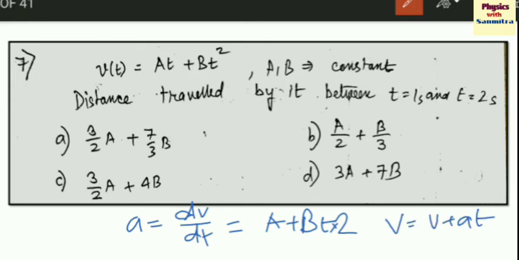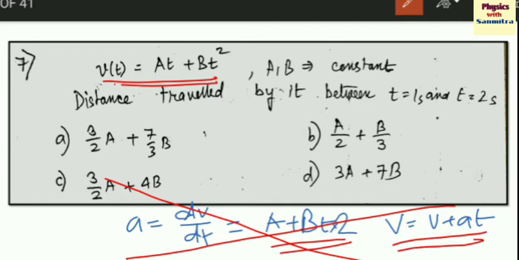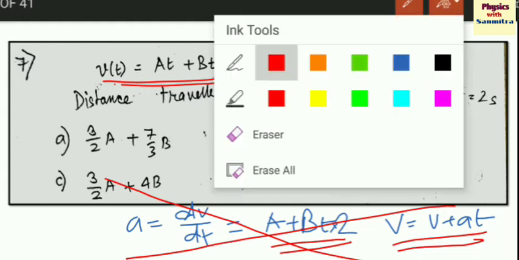But this is absolutely wrong. Never do it by this method, because after differentiating v of t I am getting acceleration, which is not constant, and while deriving v is equal to u plus at, we had made the assumption that a is constant. You can refer to any textbook for that. It is a very simple derivation.